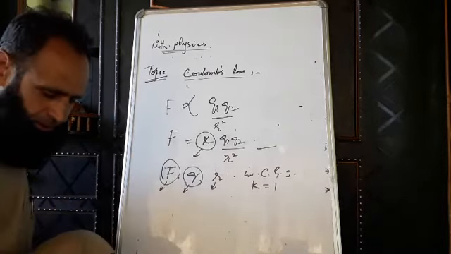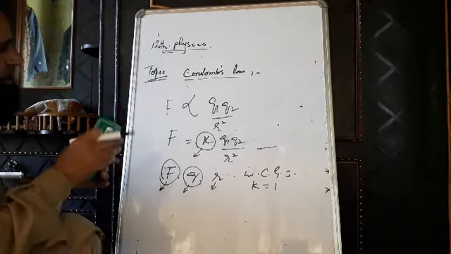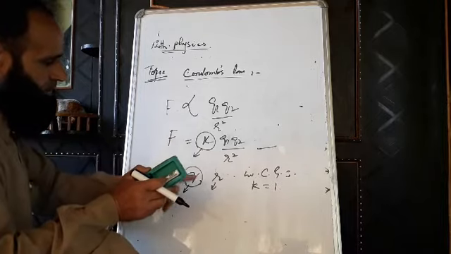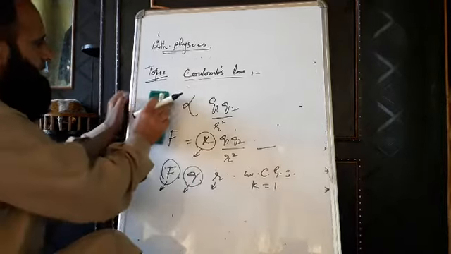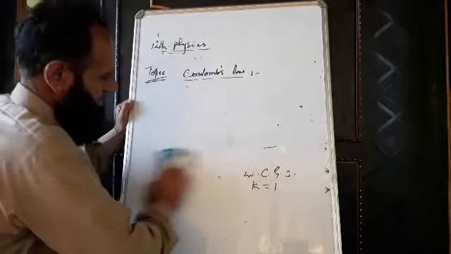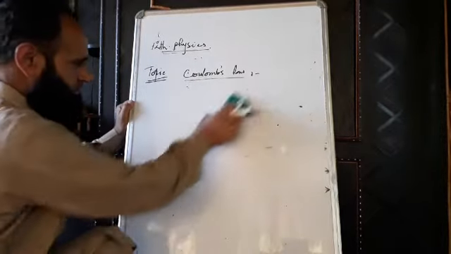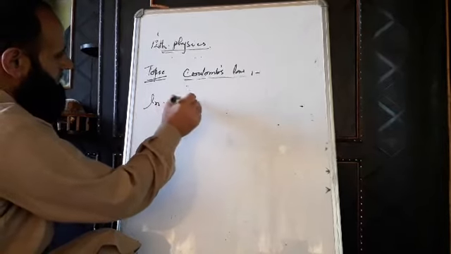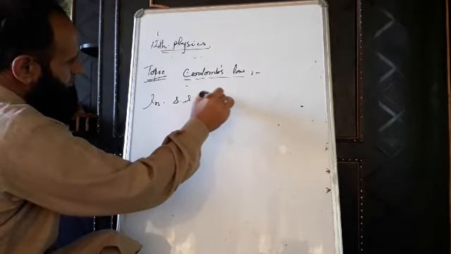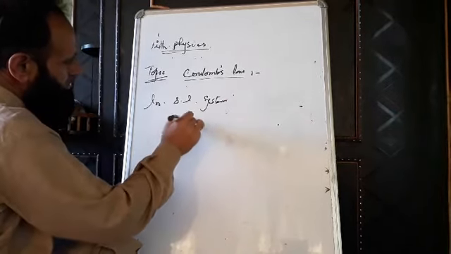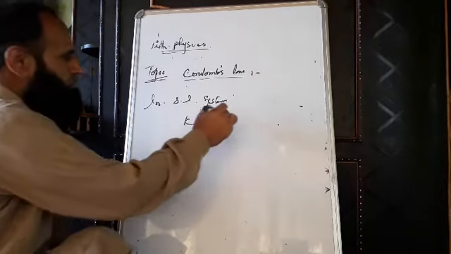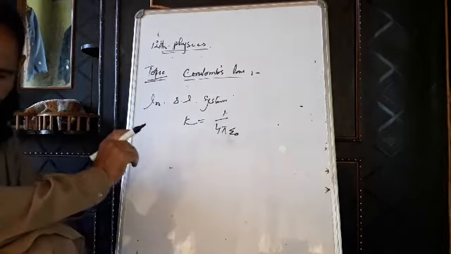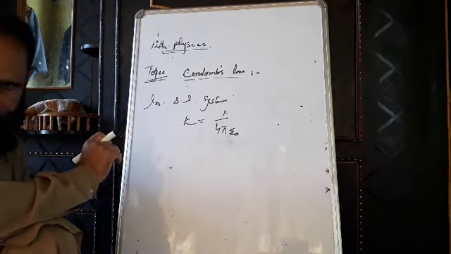When we are taking these terms F, Q, r in the SI system, then the value of K becomes 1 by 4 pi epsilon naught.